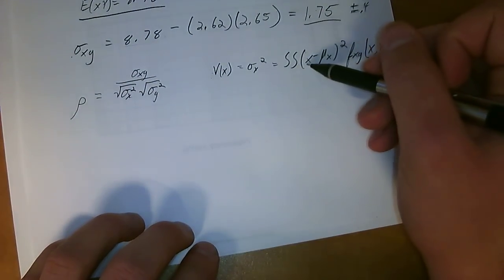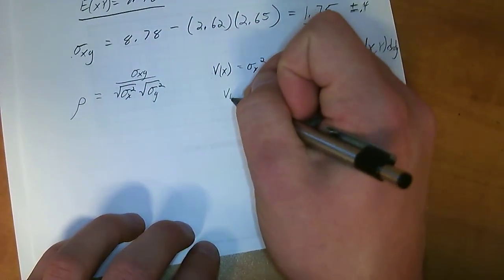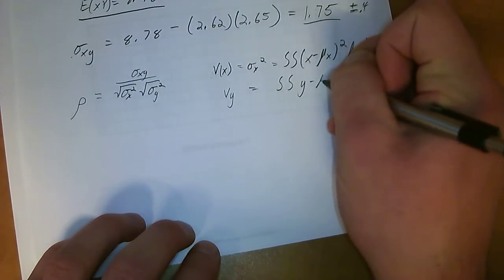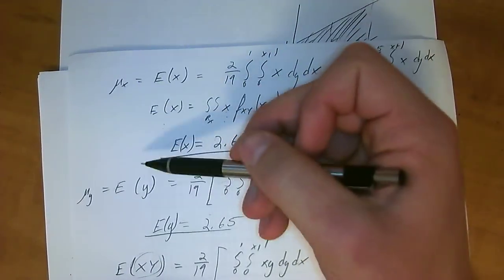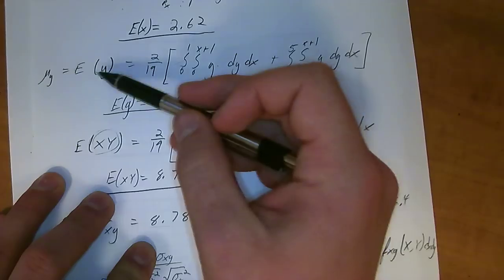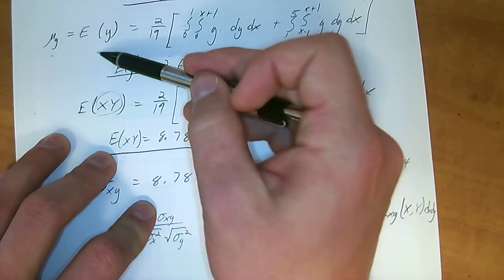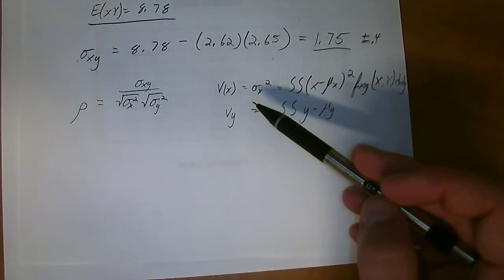For vy, you just go ahead and change this variable to y. So it would be the integral, vy is equal to the integral of y minus mu y. And mu y is from up here, remember. You're using the means, mu y. So the ex and ey is kind of a confusing system because these two flip back and forth and these two flip back and forth depending on where you are.